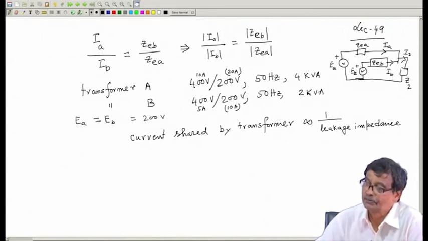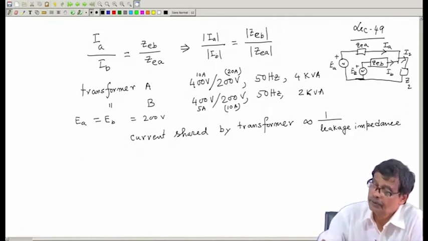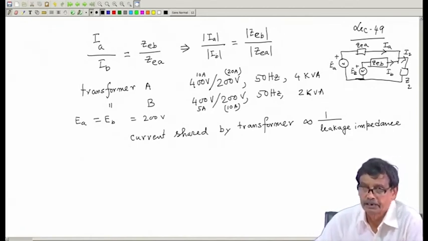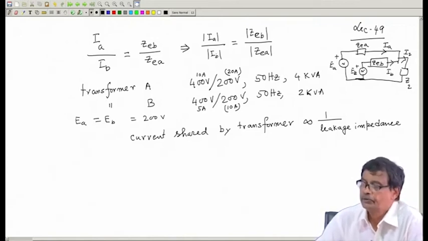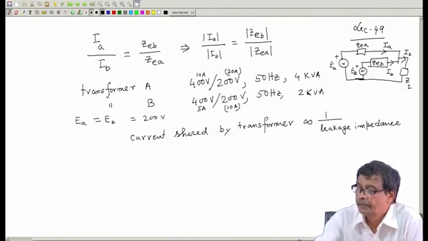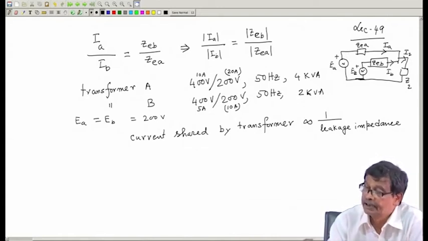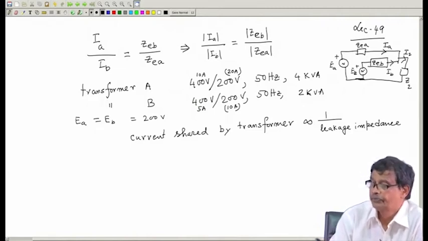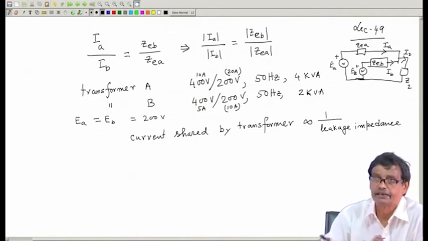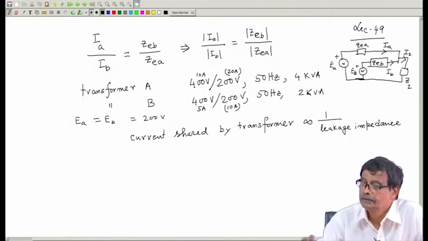Why else purchase so much kVA, so much voltage transformer. Therefore, when these two transformers are operating in parallel, I would like to have 30 ampere supplied to the load, 20 ampere carried by transformer A, and 10 ampere carried by transformer B. That is the best thing one can think of, is not.